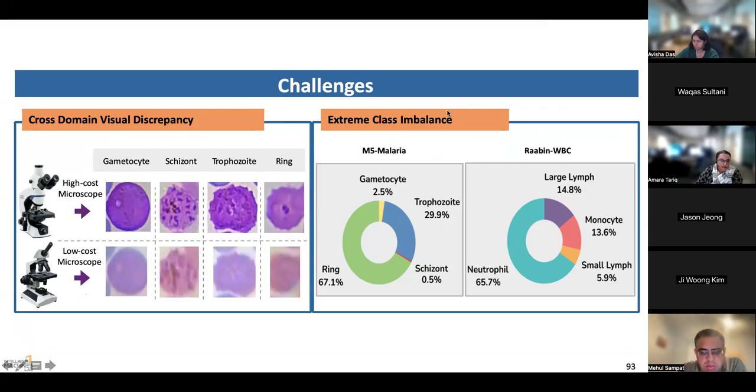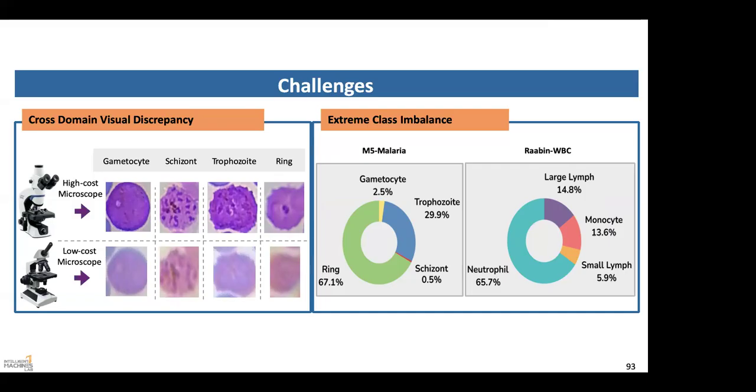The second thing is the data that we collected ourselves, and also a publicly available dataset, Rabin WBC. They have extreme class imbalance, and this is not some limitation of the dataset. This is actually the reality when you take the images.